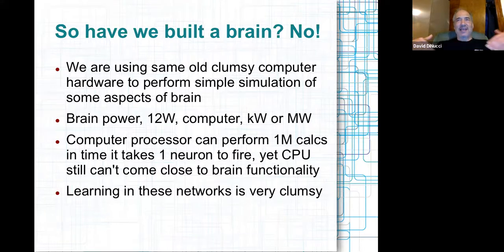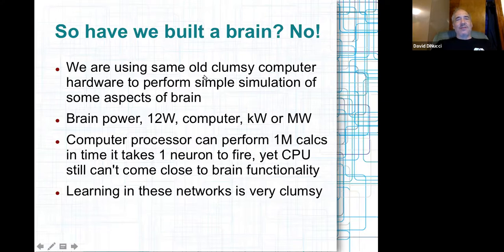But just think back again. These neurons are taking a millisecond to compute. Why do we need an exascale computer, a billion operations per second, in order to do what our brain is doing with only 100 neurons in a row? So this is definitely not a brain.